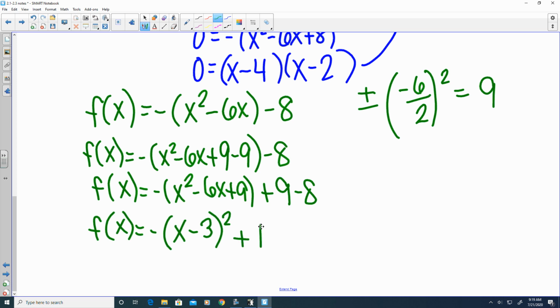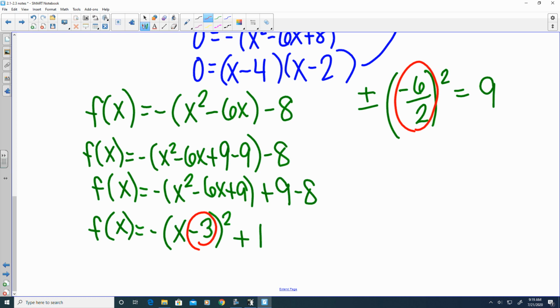How the heck did I know that was 3 just by looking at it? Well, if you look up here, I'll circle the -3. Before you square it, the b over 2 is exactly what it's going to be when you do the factoring step. So negative 6 over 2 is negative 3, which works out great as a little trick to help you if you have trouble with that factoring.